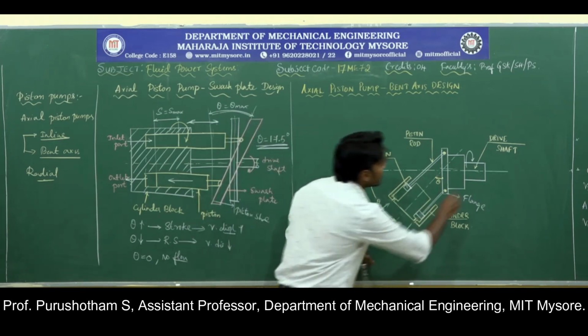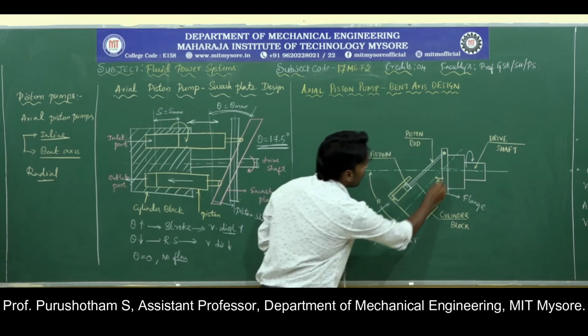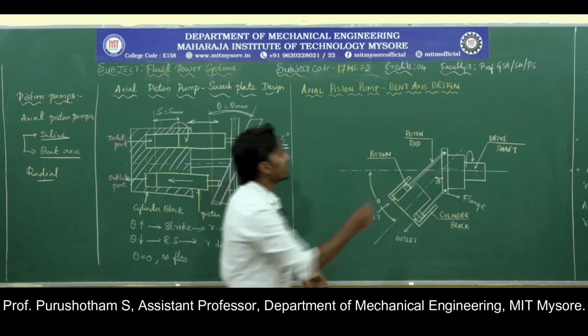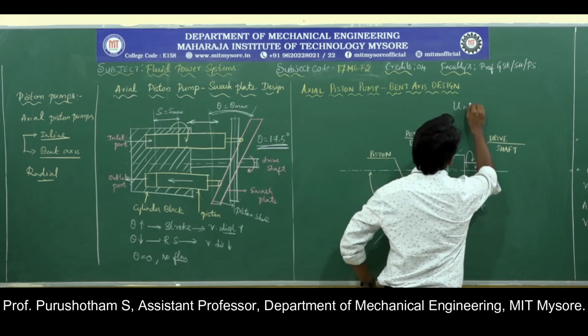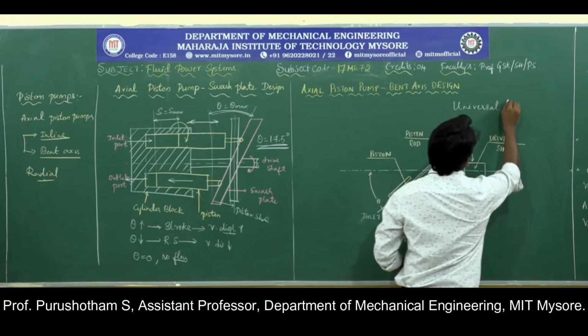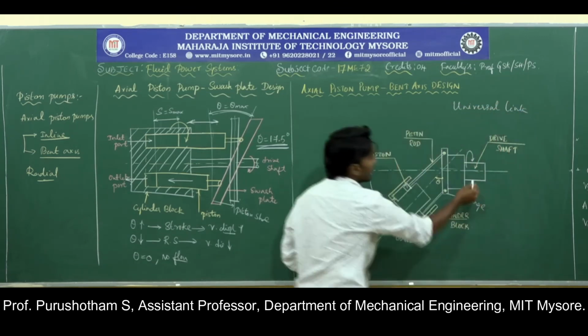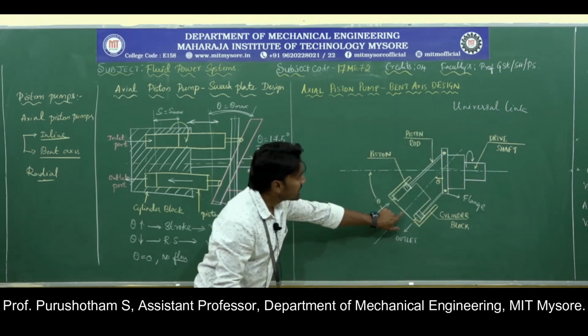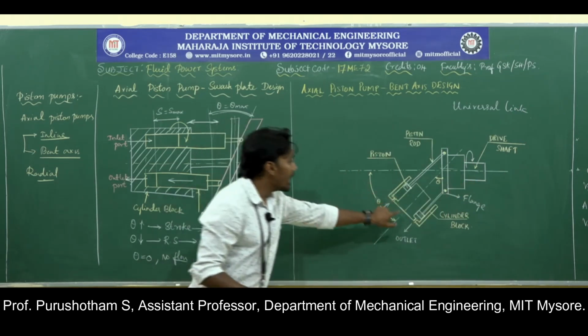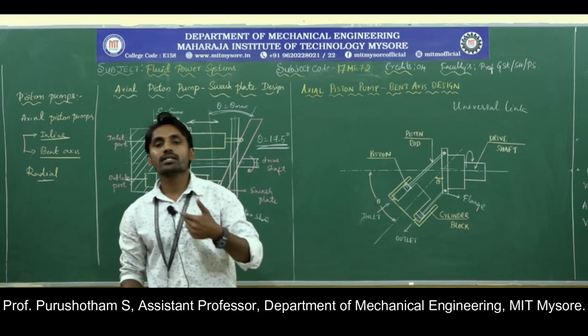The driving shaft and the cylinder block are connected by using a universal link. By using the universal link, we connect the driving shaft with the cylinder block at an angle, which ensures some alignment.